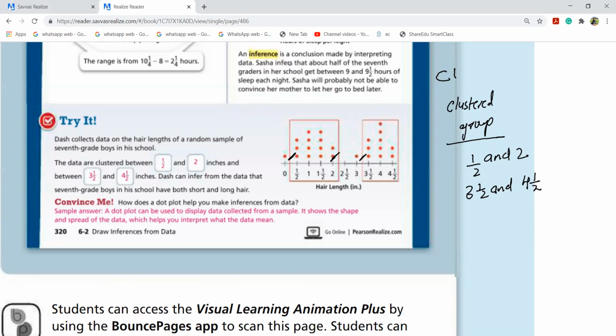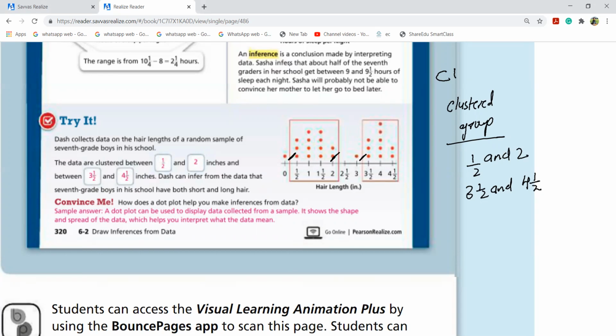It is between half and 2. And the next group, that is the cluster, is between 3.5 and 4.5. I'm not saying between 3 and 4.5. Why? Because 3 is outside the group. See here? Oh, okay. Between half and 2, between 3.5 and 4.5.